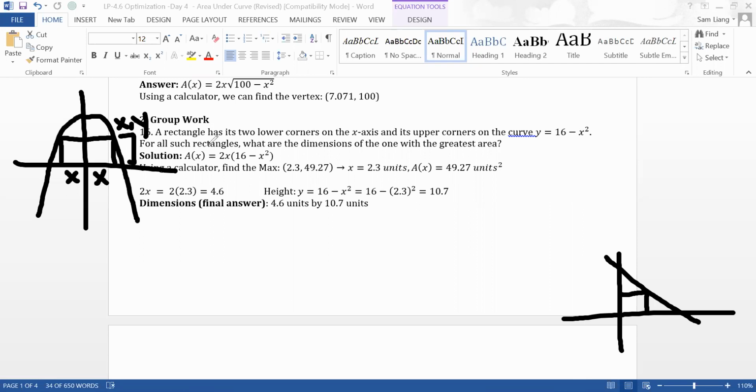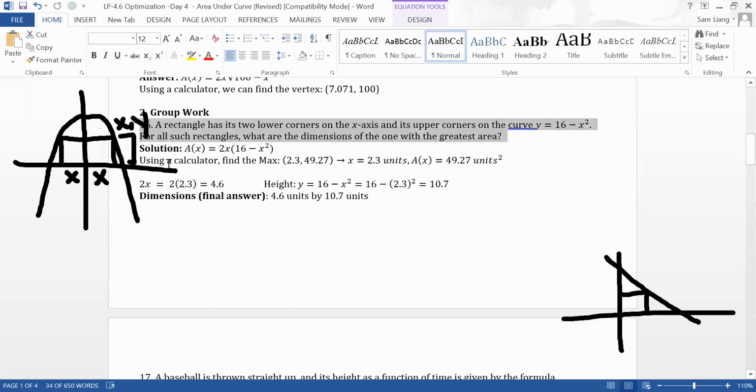So the area is 2x times 16 minus x squared. In this case you have to use a calculator because this is not a quadratic, so you can't use negative b over 2a. You'll find it's 2.3 comma 49.27.